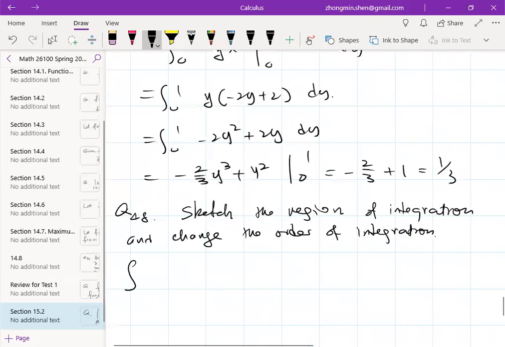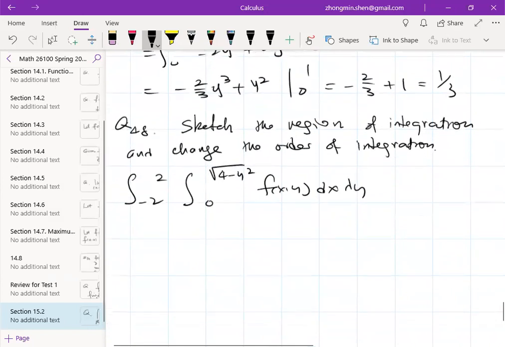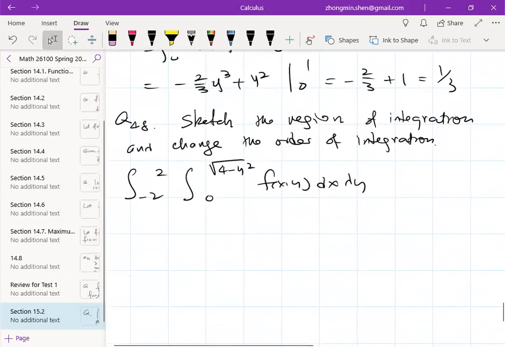It's from negative 2, from 0, 4 minus y squared, and f of x dx dy. I'm not asking to evaluate this integral. It's impossible, the function is not given.